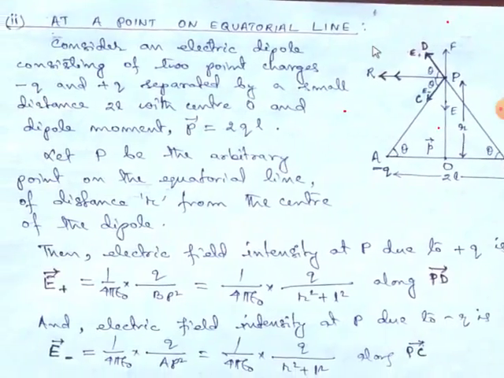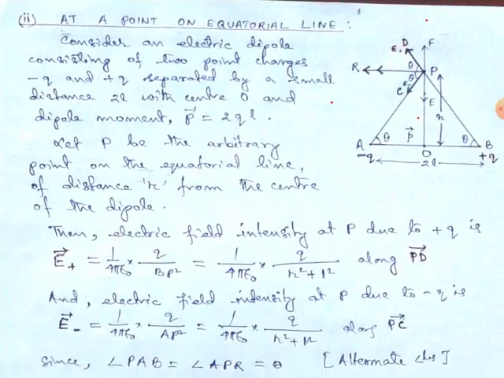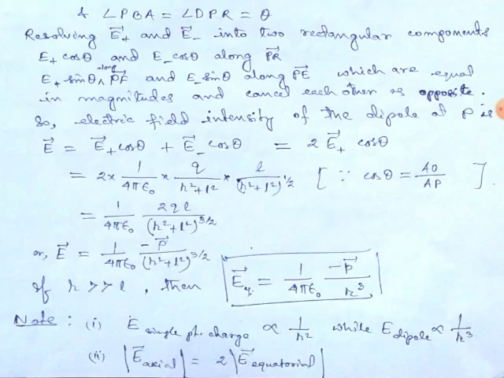Let me zoom out a little bit so that you can see the whole thing. Yes, so resolving E plus and E minus as I have said, this will be equal to, when you add up these two components, E cos theta for E plus and E minus.